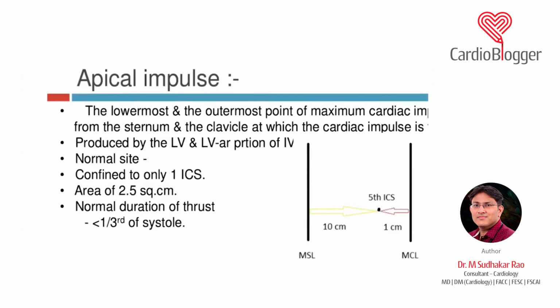In duration, it should be less than 1/3 of systole. It should never raise your finger for more than 1/3 of systole, because anything which lifts for 1/3 to 2/3 is known as hyperdynamic, and anything which raises your finger for more than 2/3 is a heaving type of apex, which we will come to in the next slide. So this is how you define a normal apex.